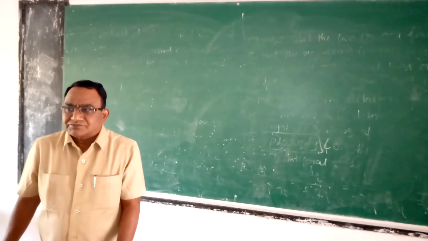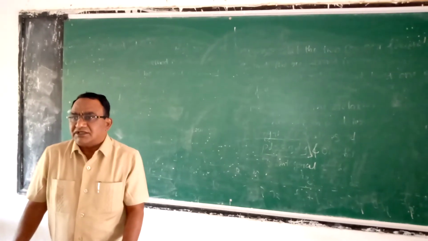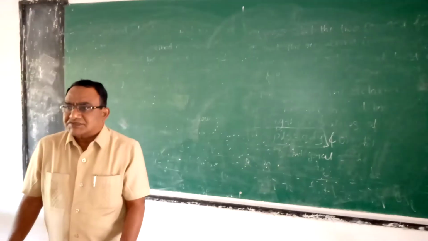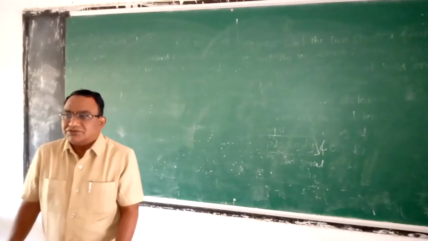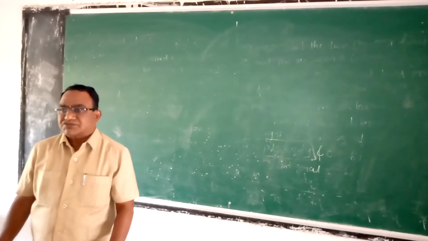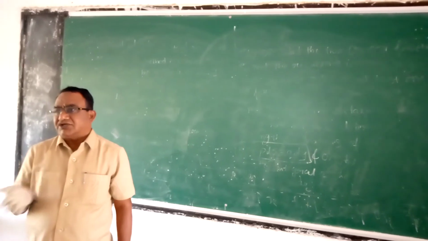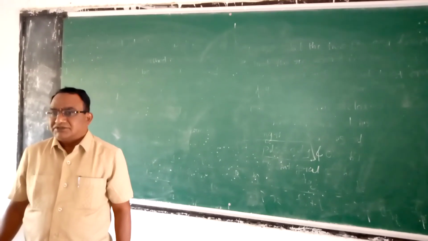Step 1. Write down the given equation in the form f(x, y, z, p, q) = 0. This can be done by just bringing all the terms to one side and denoting it by f. Second step.